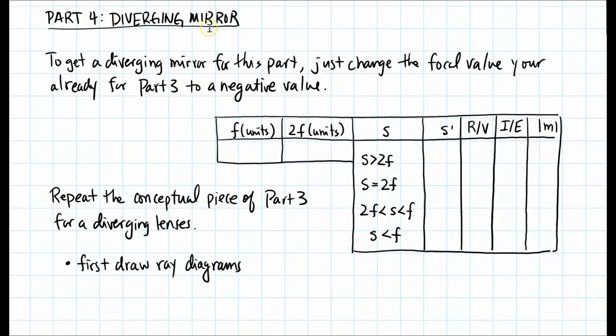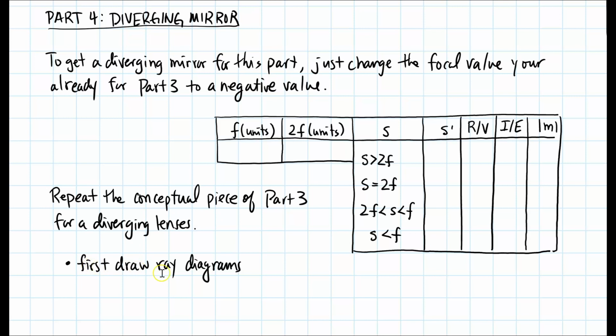Part 4, diverging mirrors. To get a diverging mirror for this part, just change the focal length value that you have in the simulator already to a negative value. Then you're ready to go. So you have that focal length and 2F, and what you want to do is repeat the conceptual part from piece 3, but now for a diverging mirror.